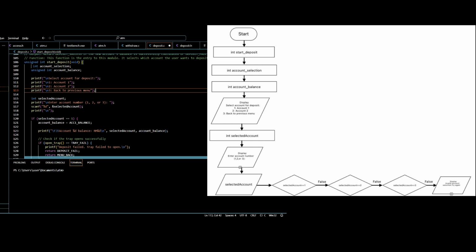For scanf, %d selected account is to read the user's input and store it in the selected account variable. For printf, %n prints a new line for formatting purposes. And the last one, return selected account, which returns the selected account number. This allows the calling function to determine which account the user wants to deposit money into.